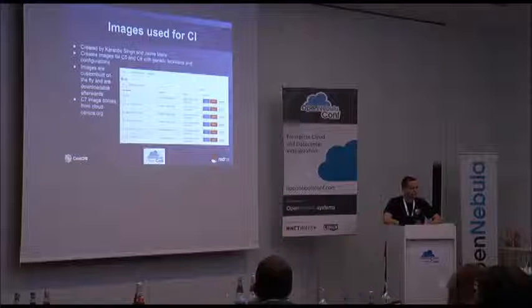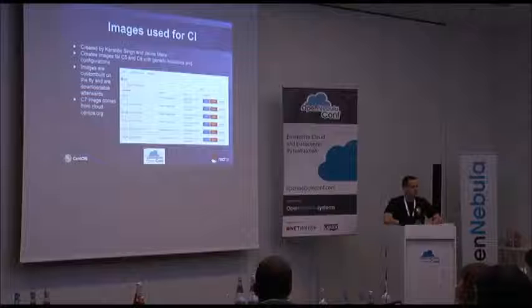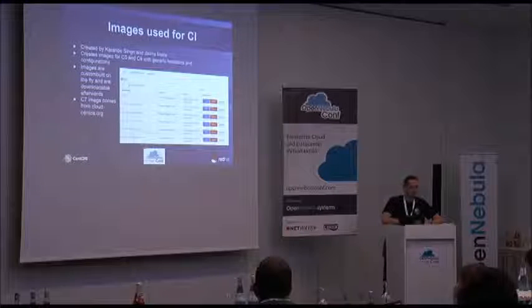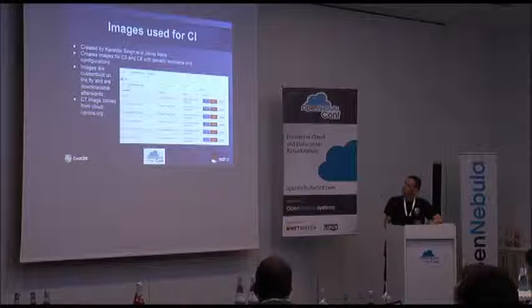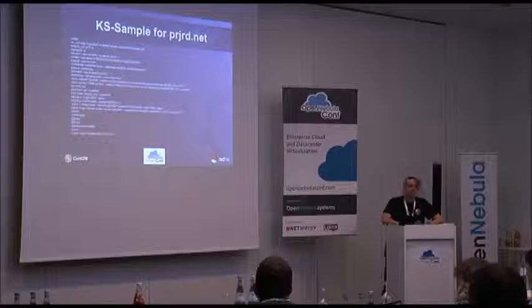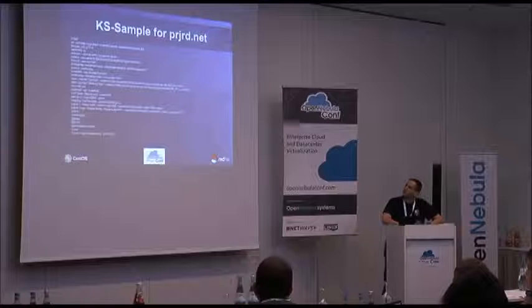The CentOS 7 image that is used basically comes from the project itself, from cloud.centos.org. It's available there for download, so you can use that as well. I took a short kickstart example. It's in the presentation as well. As you can see, this is nothing fancy.